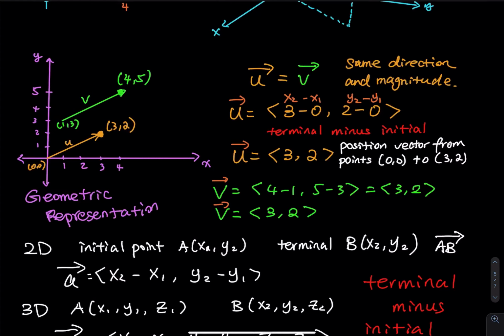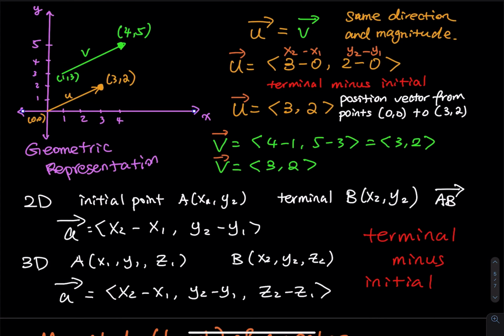So let me give you a general formula, one for 2 dimensions and one for 3 dimensions. Again, just remember that we are taking the terminal minus the initial. Suppose the initial point is point A and the terminal point is point B. The initial I call x1, y1. The terminal point I call x2, y2. And then we have a vector AB. The components of vector AB are x2 minus x1, comma, y2 minus y1.